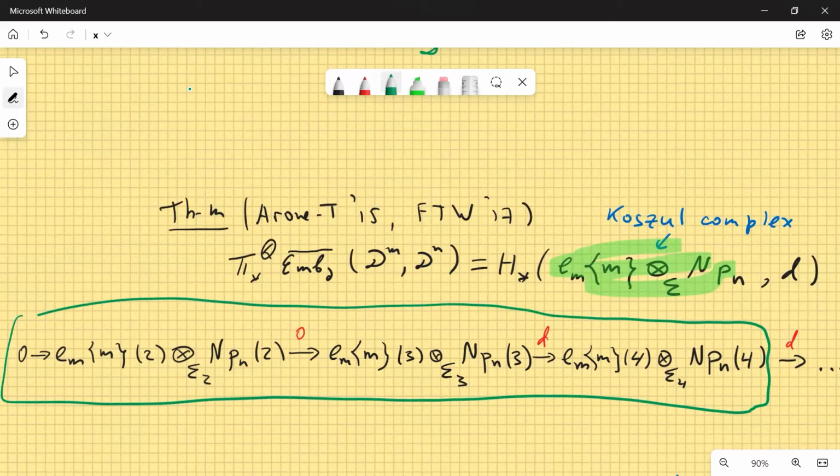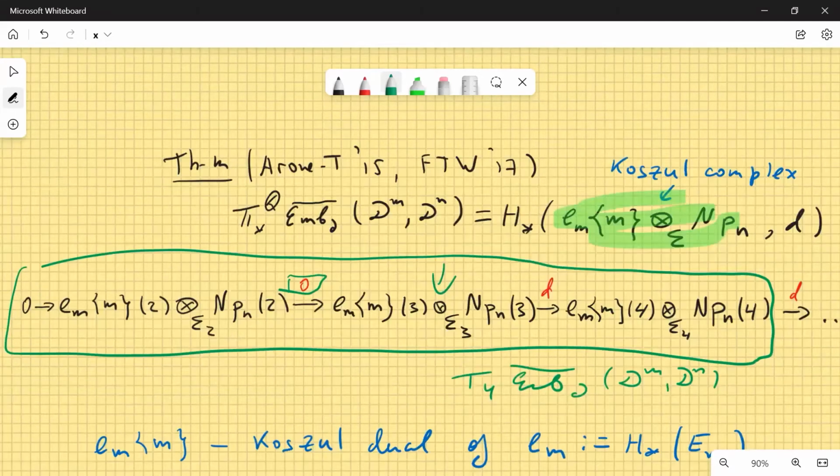So this computes the rational homotopy of T_4 D_N. And also notice that the first possibly non-trivial differential actually is trivial. So we see we have 0 here. Here we have 0, and therefore, if you want to compute the part of the homotopy groups which comes from this term, we really just need to compute the kernel of the differential of this map.